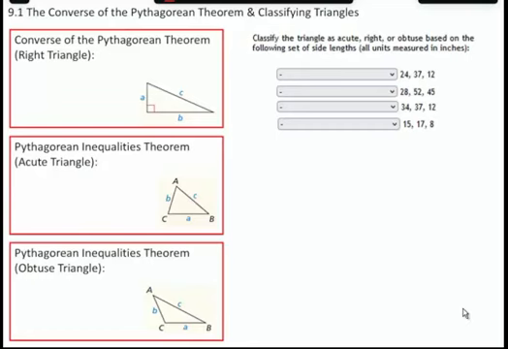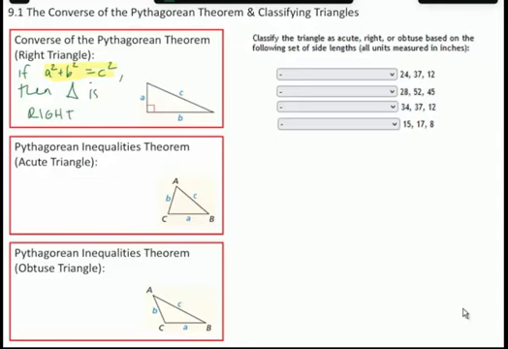Now, identifying a right triangle is the easiest one, right? If you established that a squared plus b squared is equal to c squared, then you know you have a right triangle. Okay, so that's the easiest relationship, right? If the Pythagorean theorem works, or the converse of the Pythagorean theorem is true, then you have a right triangle.